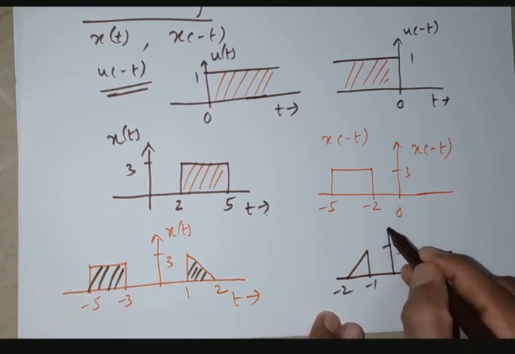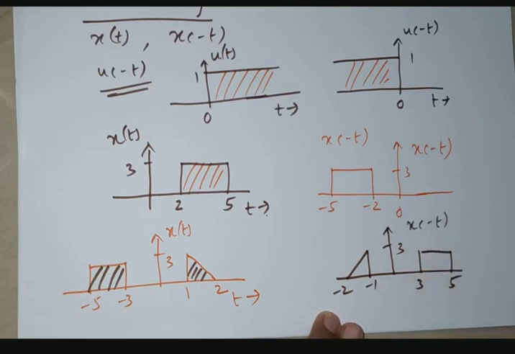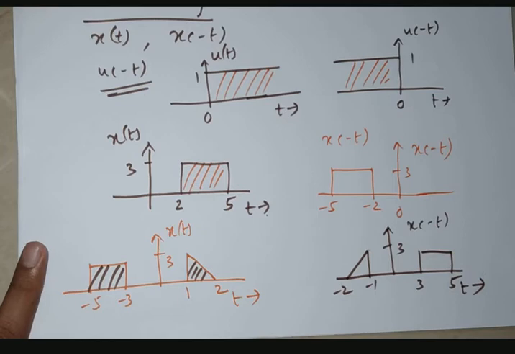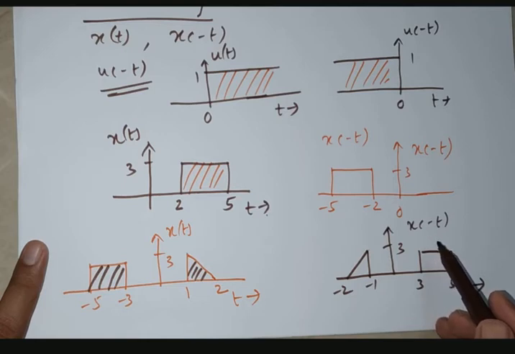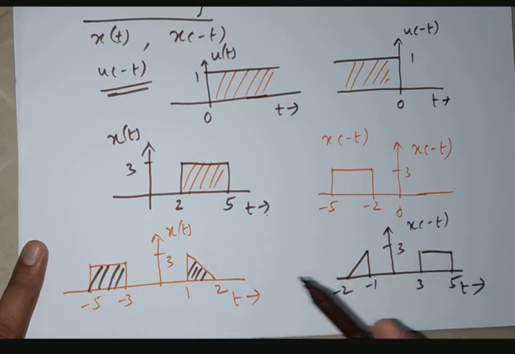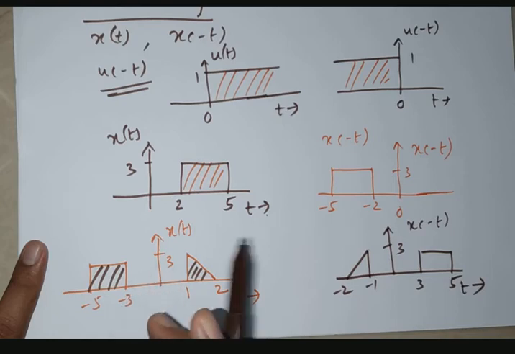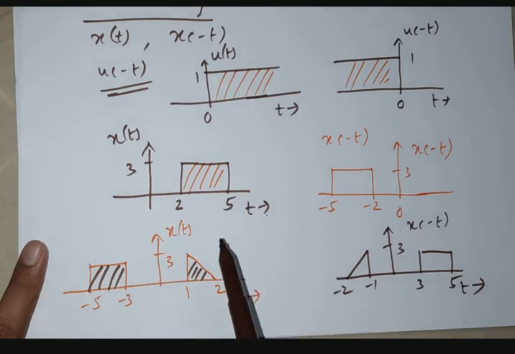Okay, there is no change of amplitude. This is your x of minus t. Clear? Yes or not? Means what you are doing when you are finding x of minus t, simple, you are taking the right hand side part to left hand side and left hand side part to right hand side, or simple I can say that rotate clockwise or anti-clockwise with respect to y-axis.